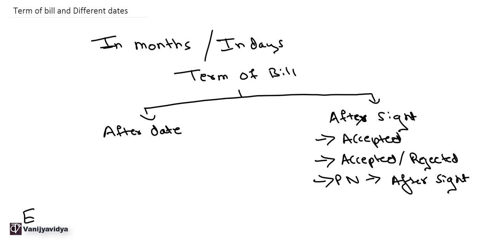Now, the expiry or the due date of the bill. The expiry or the due date of the bill is the date on which the term of the bill terminates. So, the last day on which the term of the bill terminates is known as the expiry or the due date.